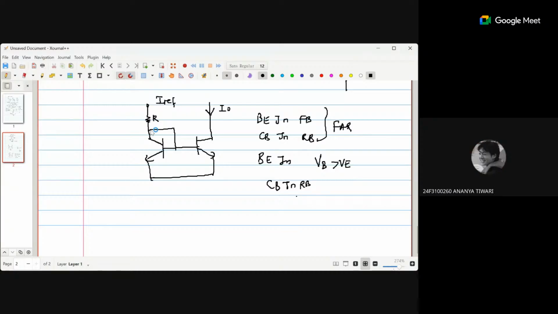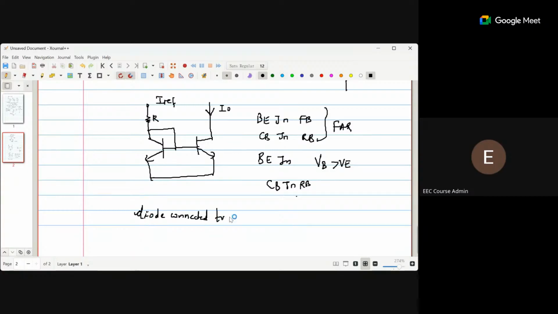What does it mean by saturation? Wait a minute. This particular connection, the short between the collector terminal and the base terminal, is actually called a diode connected transistor. The three terminals are for a transistor, and by means of this short you are in effect making it a two terminal device, like a diode.